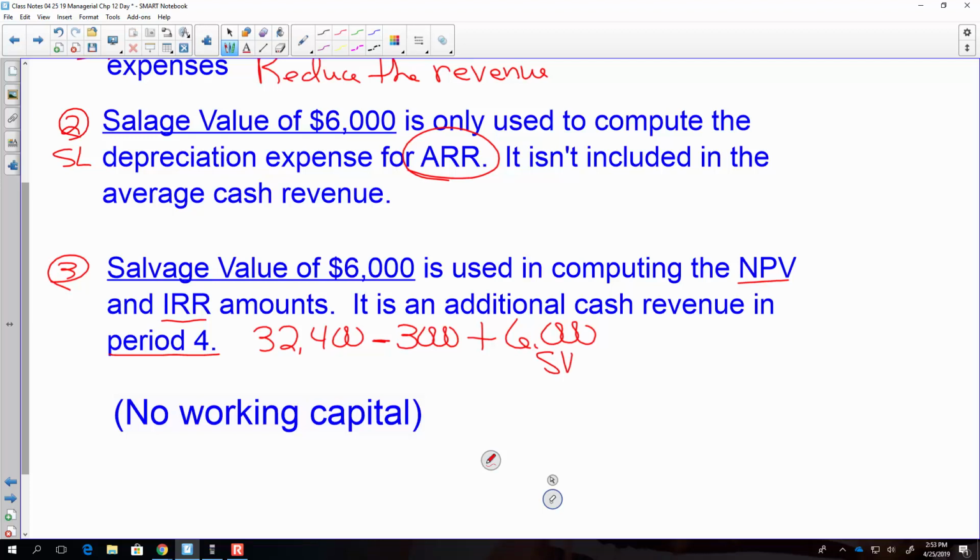So please add that note. Now that's just for the net present value computation and the internal rate of return computation. On this particular problem, there is no working capital addition or return. There's no additional cost associated with getting the machine running. So that's just a side note on the bottom there.